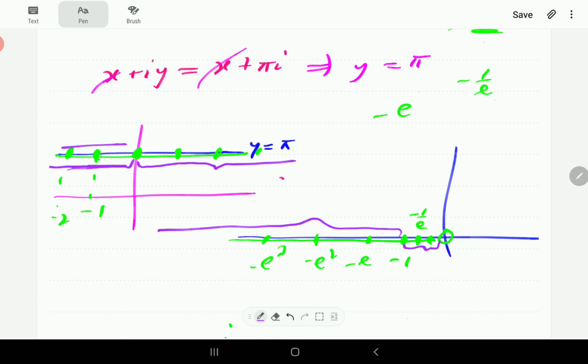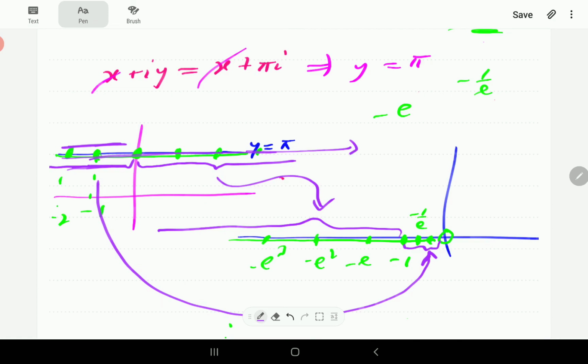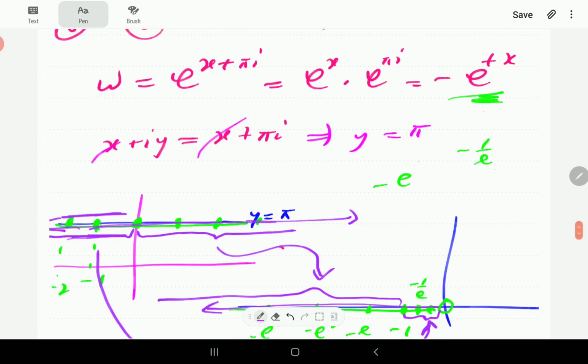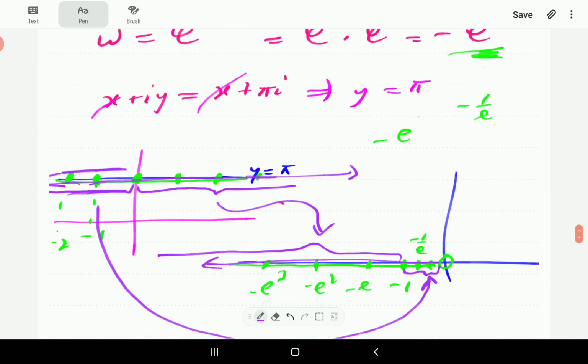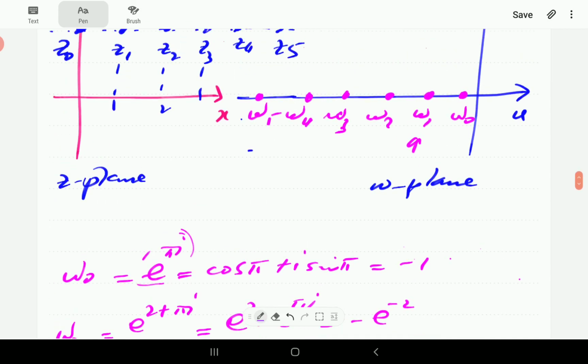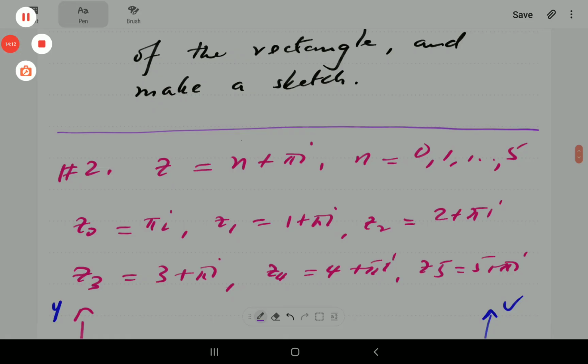So all the points here are going to map onto just that stretch, and then all the points this side are going to map onto this stretch. But at the end of the day, this line that goes to infinity this side and infinity that side, it's going to map onto this half line, which only goes to infinity this side. So that is what is going to happen, and that is the answer for part B with a bit of explanation.